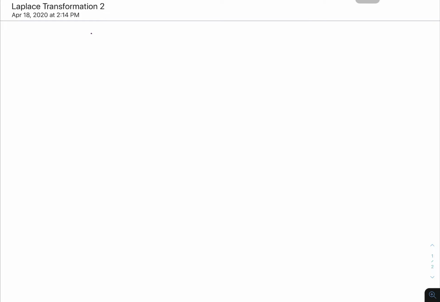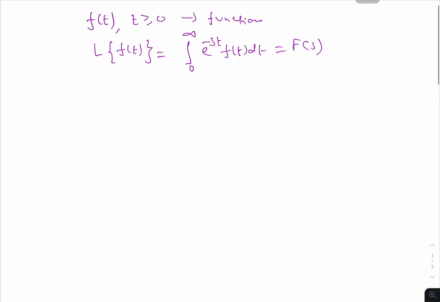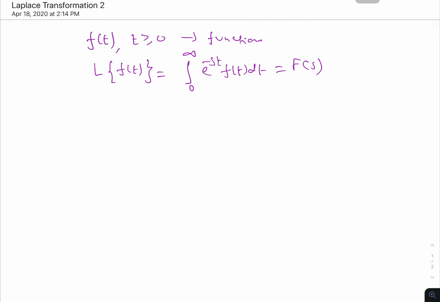If f(t) is a function defined for t greater than or equal to 0, then the Laplace transformation of f(t) is equal to the integration from 0 to infinity of e power minus st f(t) dt, and we call this F(s).